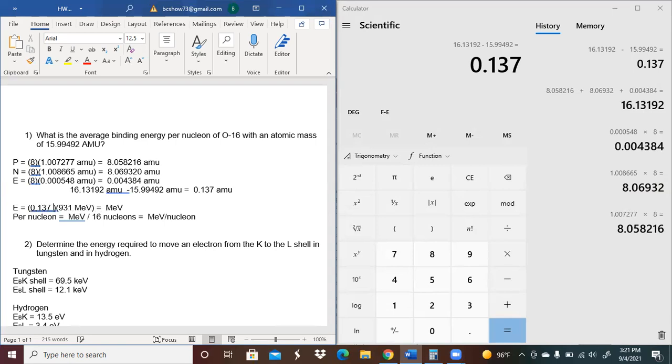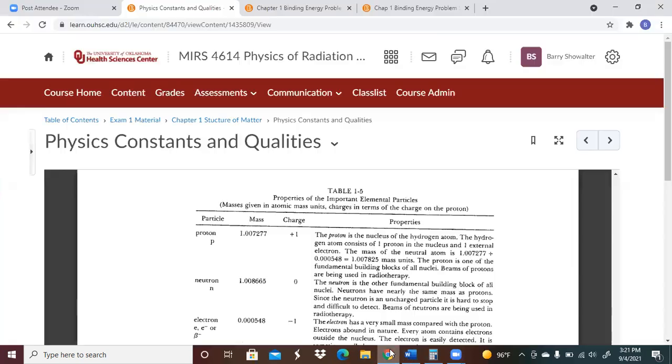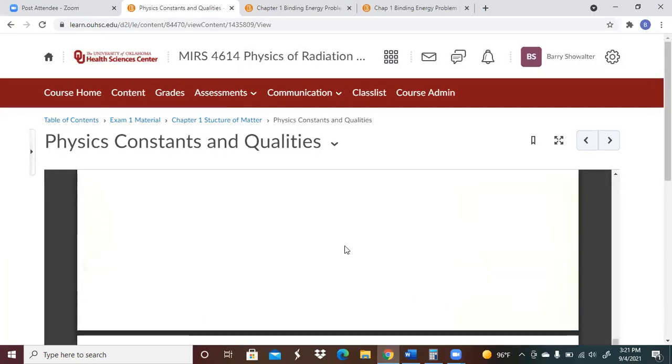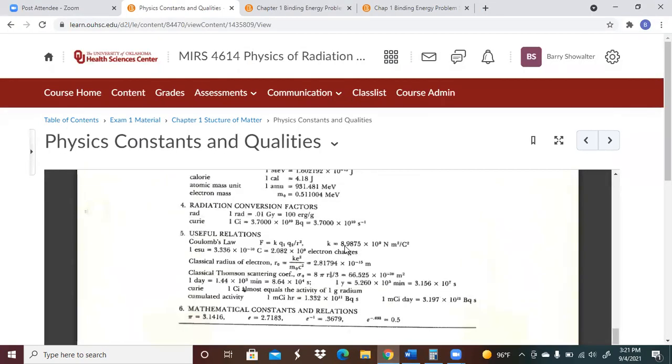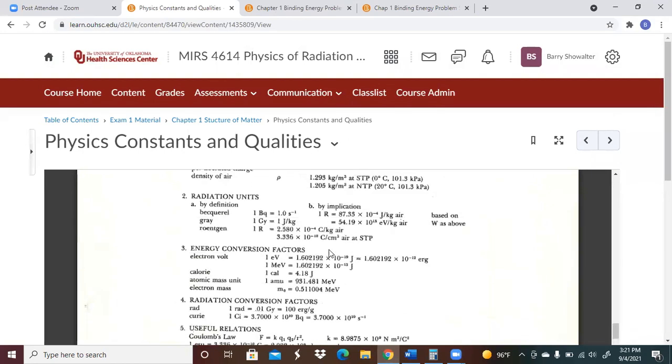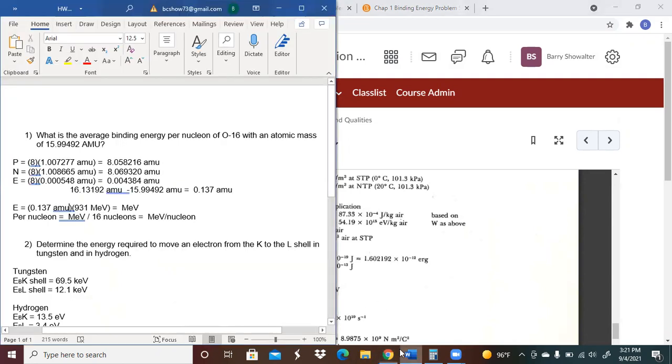0.137 AMU times 931 MeV. Well, where did that 931 MeV come from? We're going to go back to this list here. One atomic mass unit is equal to 931.481 MeV.